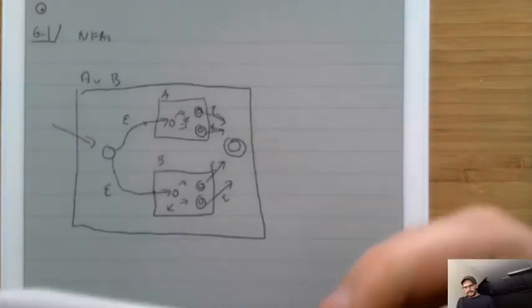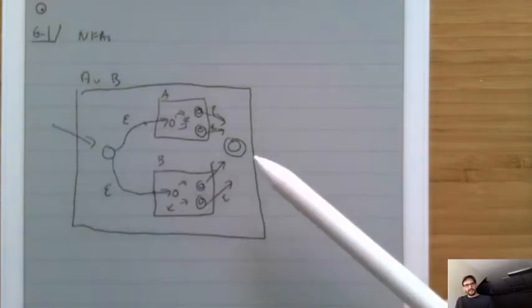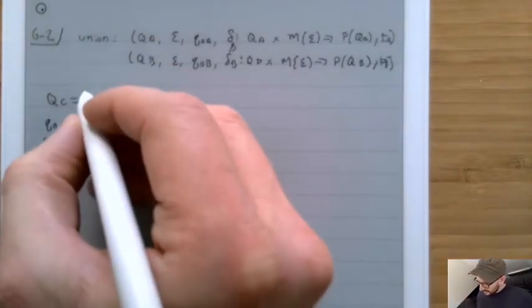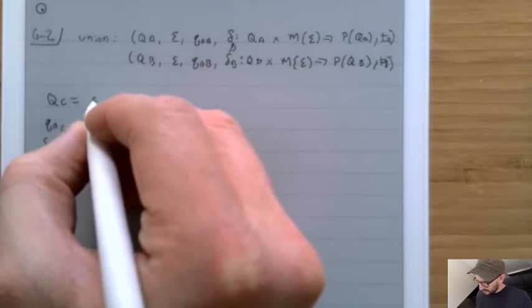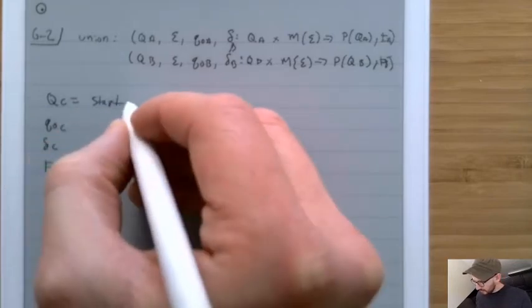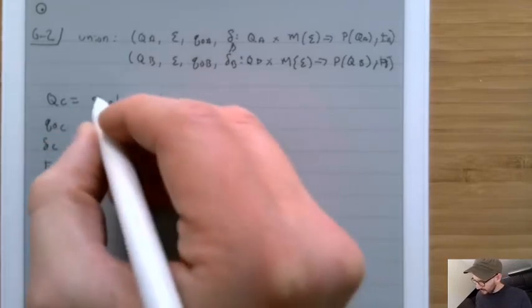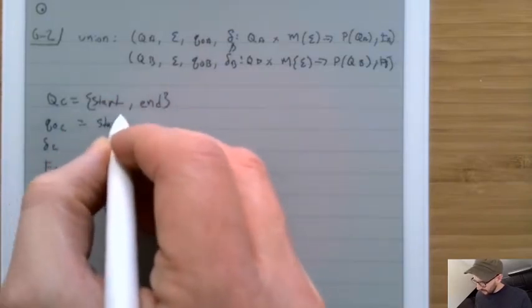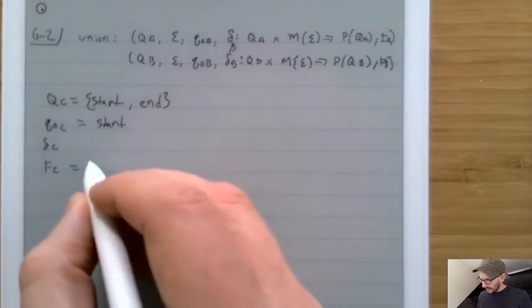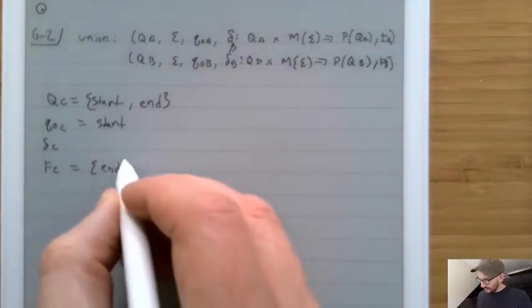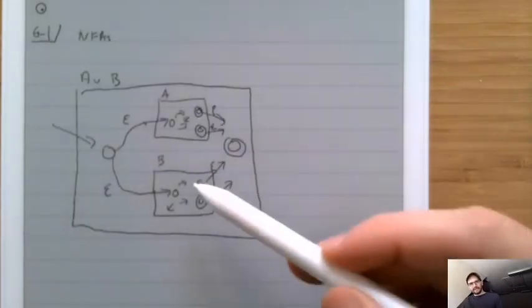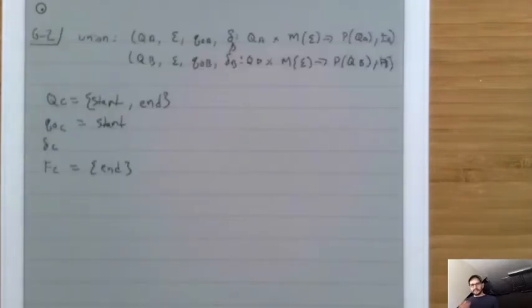So there is a distinguished new state right here and a distinguished new state right there, which is the accepting one. So that means that its states are going to be, let's call it start and end. Okay. And that start is going to be its start state, and the accepting states is just end. But now the states also contain everything that used to be in A and everything that used to be in B. Now there's a simple way that we can write this.